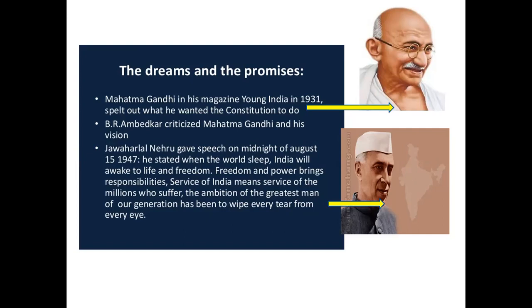He said that we want a constitution where there will be no place for inequality. B.R. Ambedkar also criticized Mahatma Gandhi and his vision when he called the people Harijan. He was against that. You will find all these points there, and the discussion of how afterward he agreed to the word.